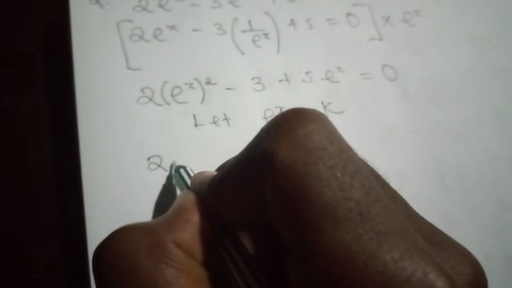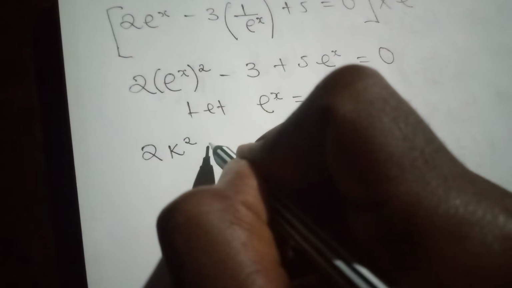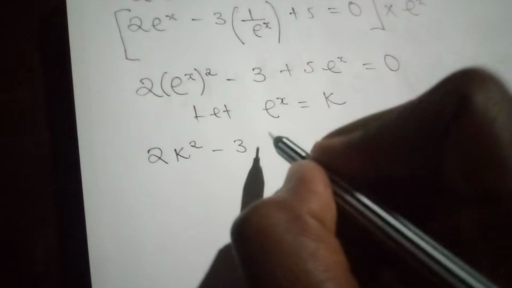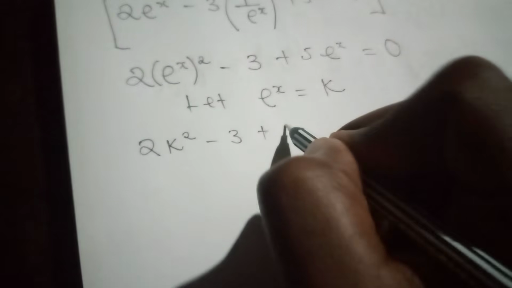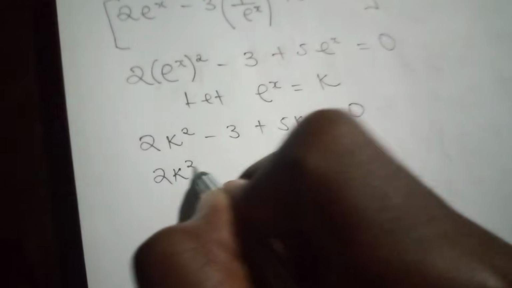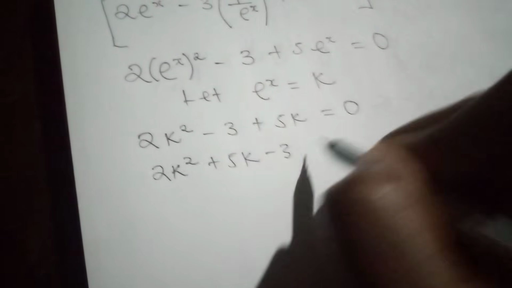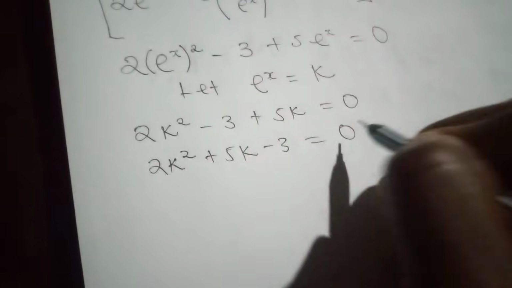That is 2k squared minus 3 plus 5k is equal to 0. So that is 2k squared plus 5k minus 3 is equal to 0.